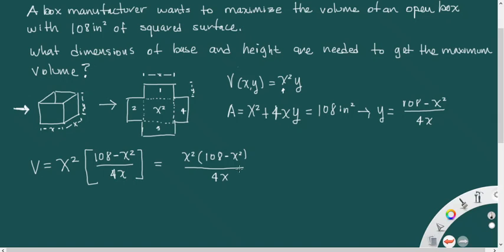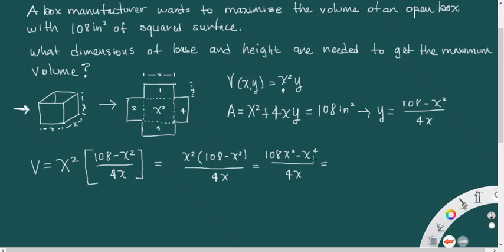Okay, and if we simplify this, this is 108 x squared minus x to the fourth divided by 4x.